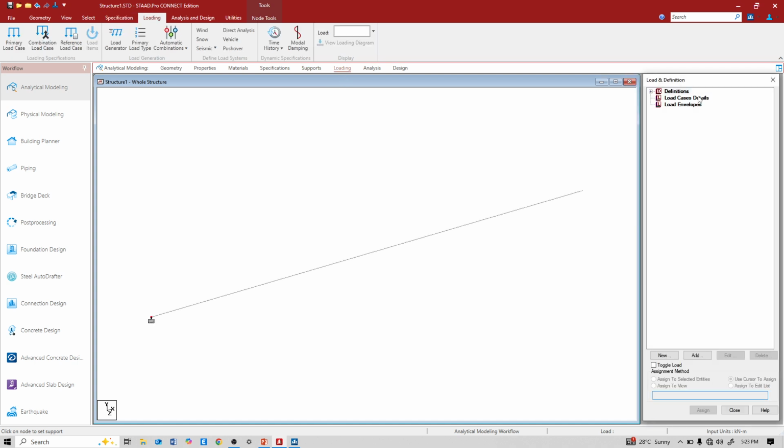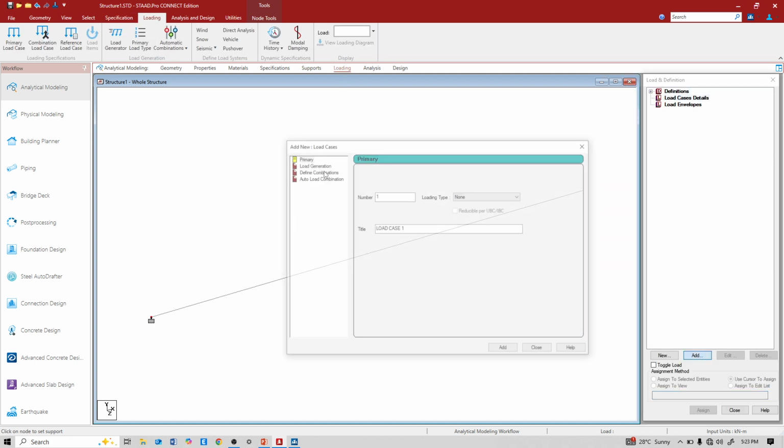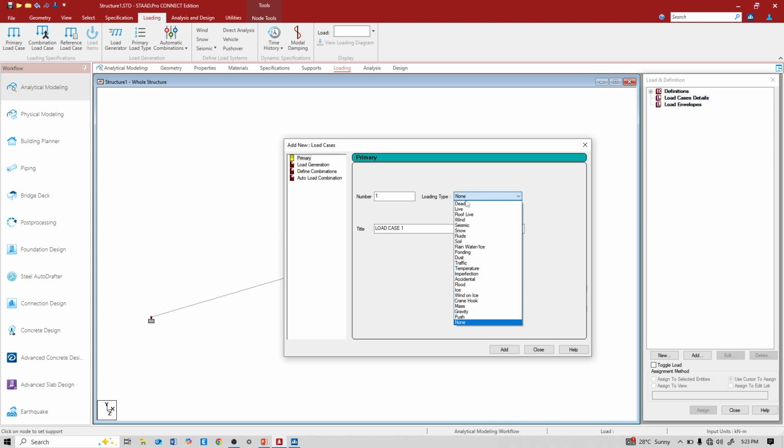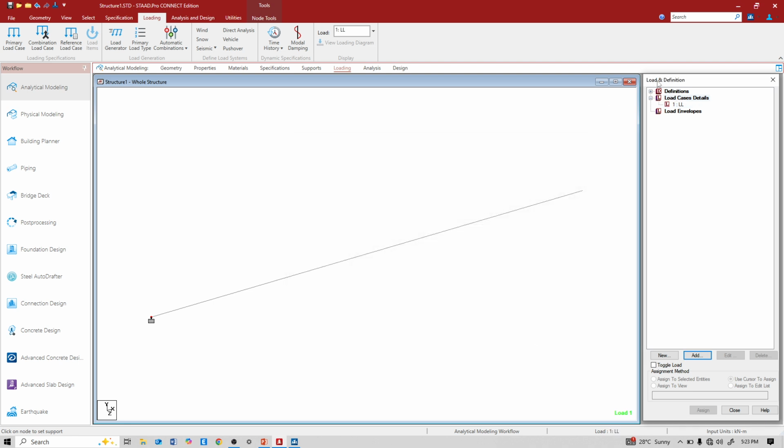Now loading, load case details, add. Loading is live load, give title live load, add, close.